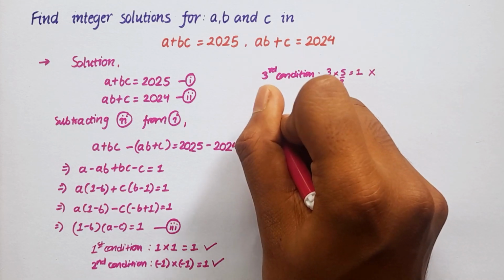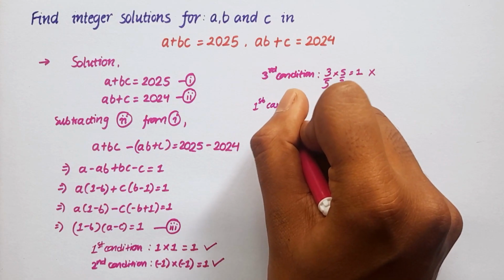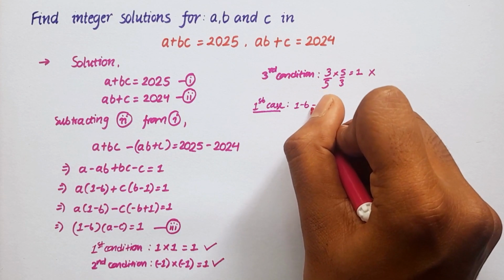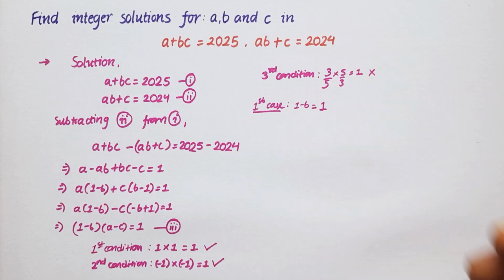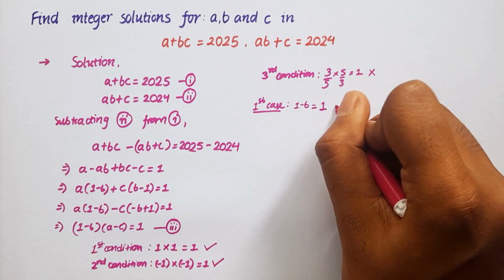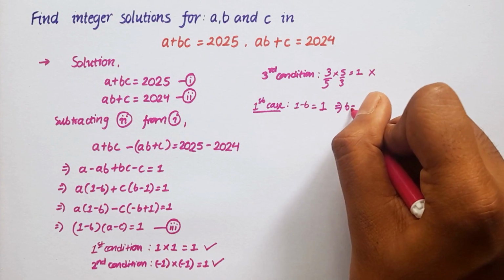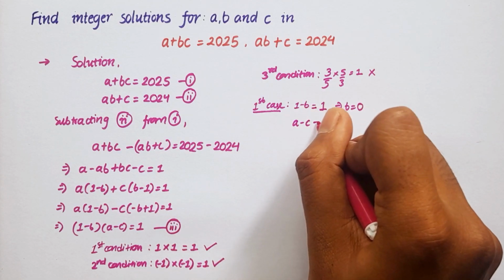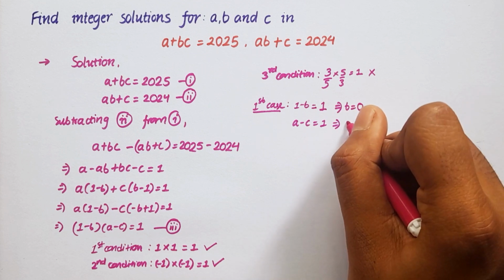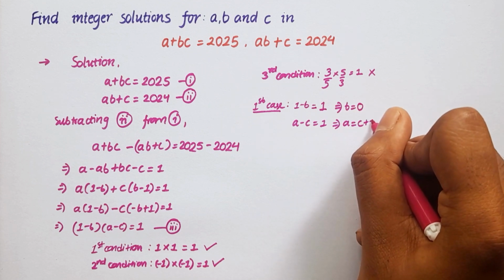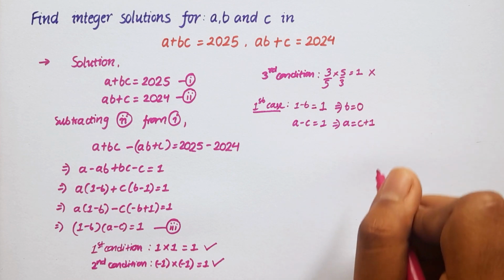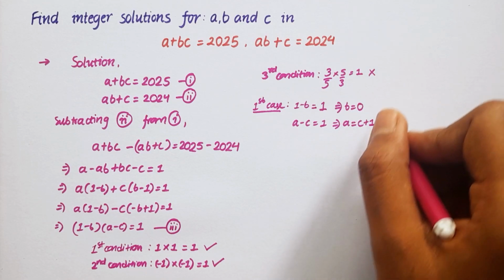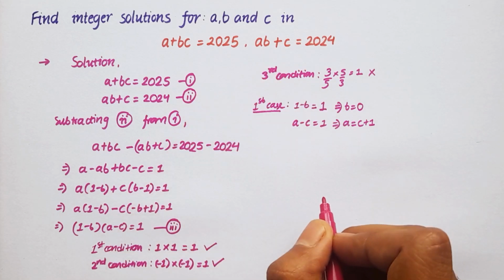Considering the first case, we would have 1 minus b is equal to 1. And on solving this gives us b is equal to 0. And for a minus c is equal to 1, this gives us a is equal to c plus 1. I've got the value of a in terms of c and I've got the value of b as 0. Now I'll substitute these values in any of the equations.